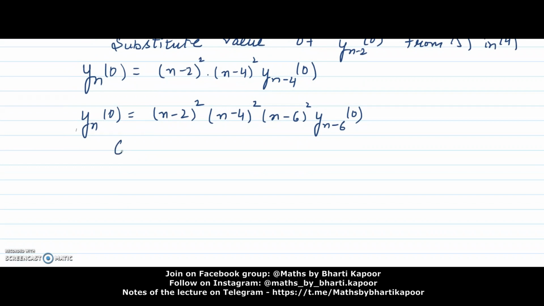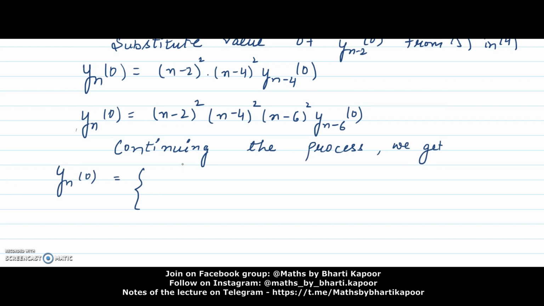So I can write now, continuing the process, we get the value of yn 0 equal to n minus 2 whole square into n minus 4 whole square into n minus 6 whole square up to, which term will it end?